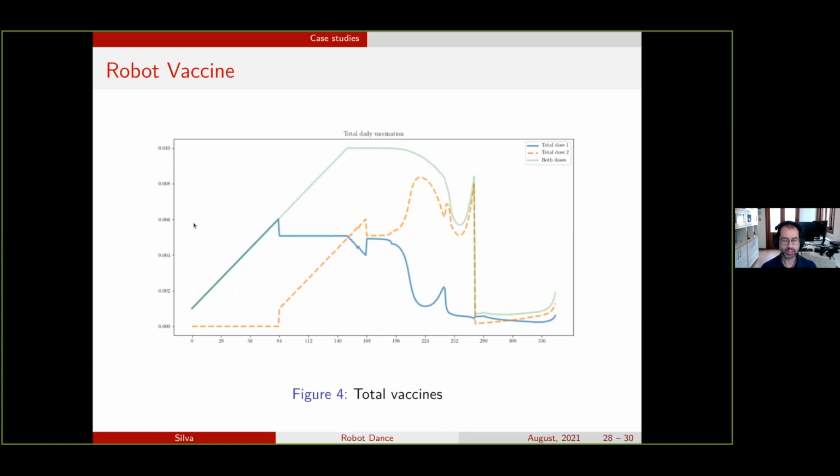And as you can see, we were assuming that our vaccination capacity would ramp up from 0.1% of the population every single day to 1% of the population after, I don't know, 120 days. So that would be 4 months, okay?